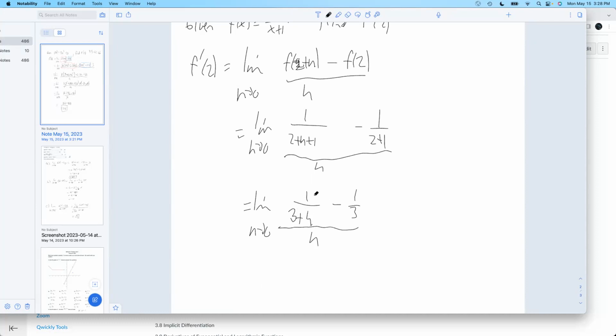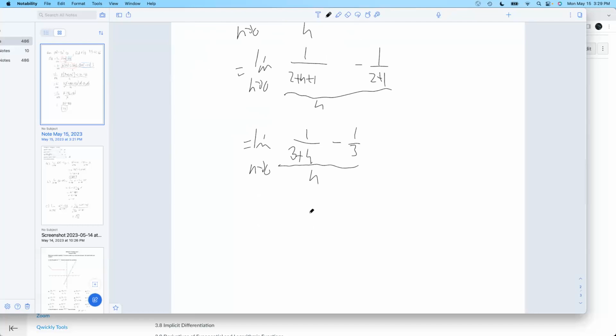I'm going to clean that up so that's a little prettier. All right, now I got to combine these fractions together. I can't just plug in h equals 0. I'll get a third minus a third, 0 over 0. So I got to get a common denominator and add these fractions together. So limit as h approaches 0. My LCD is just those two multiplied together.